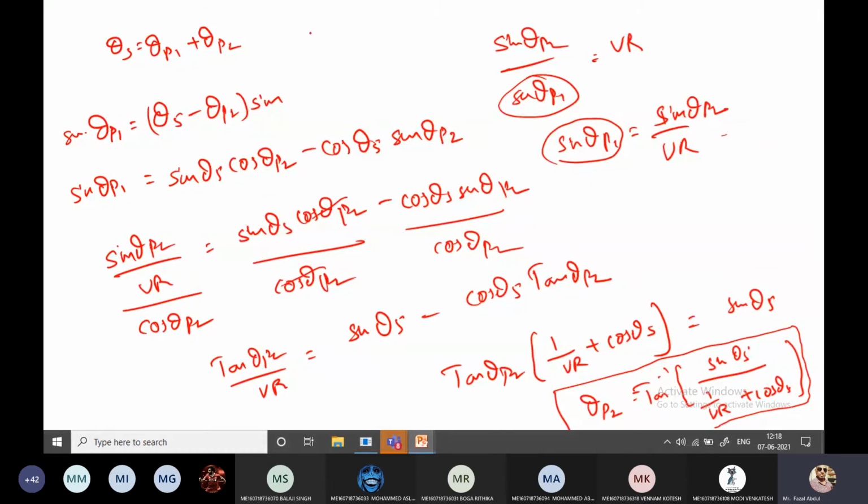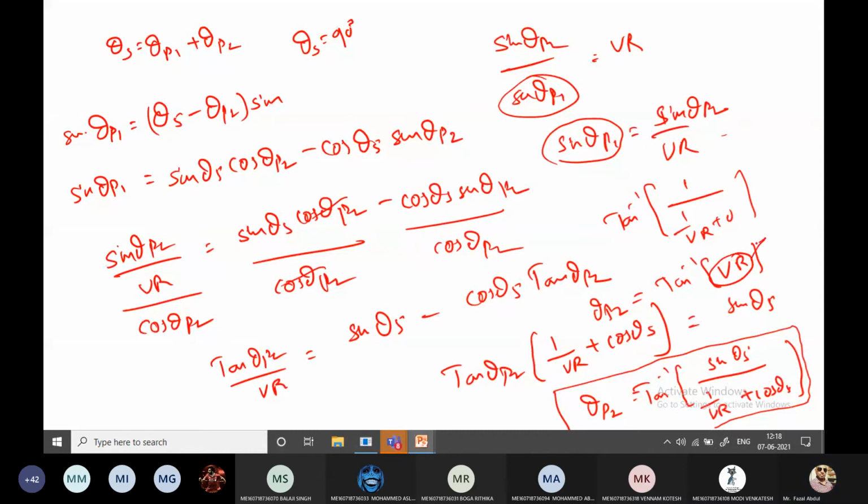Now if the angle between the two shafts is 90 degrees, then the equation changes. Here I am writing tan inverse of 1 by VR plus 0, that is tan inverse of VR, that is theta p2. So VR means what here again? dg by dp, otherwise np by ng.